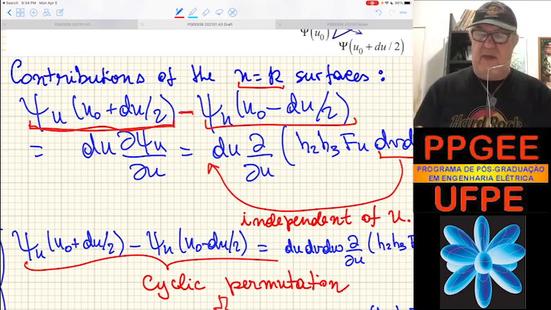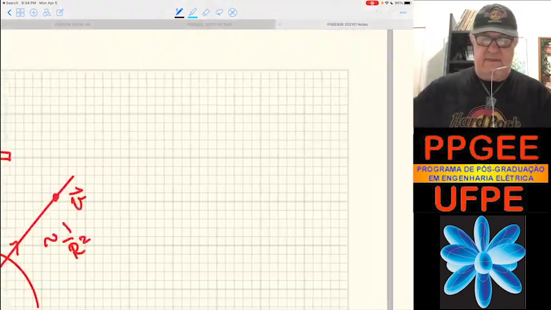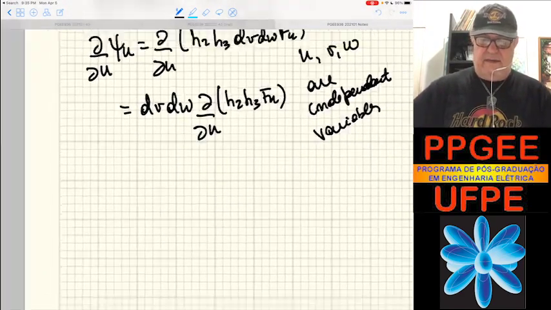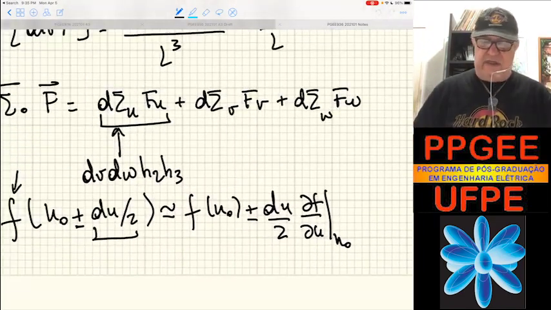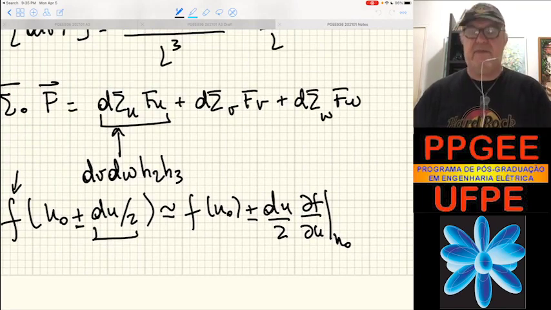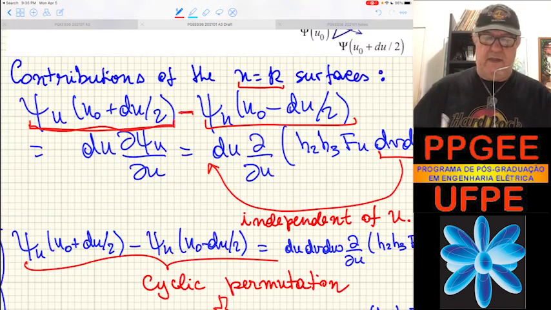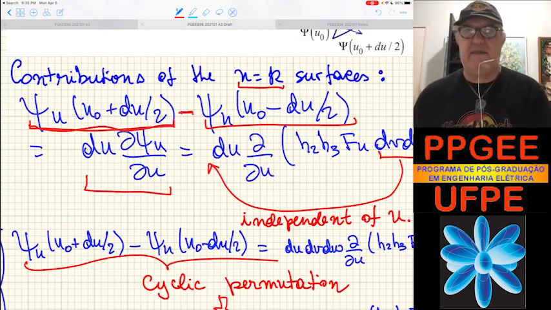If you do the calculation, if you subtract the terms, one is plus, the other is minus, it's going to be twice this term here. So the difference results in this term.